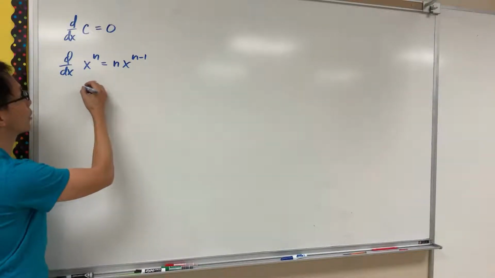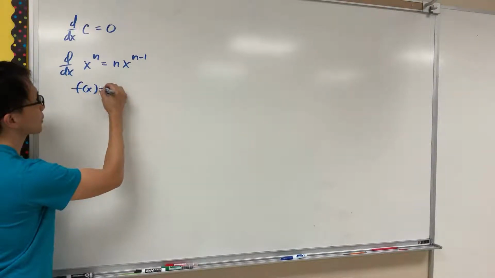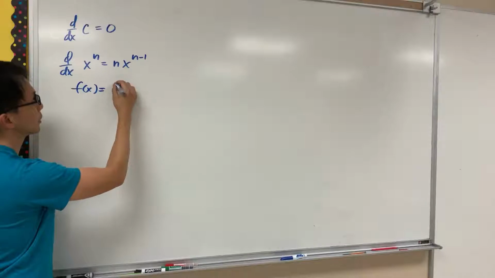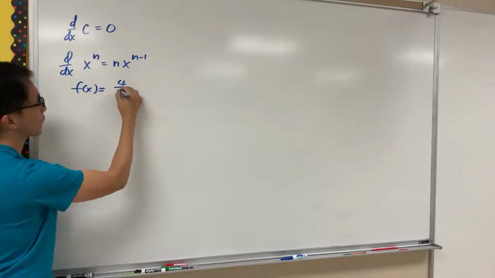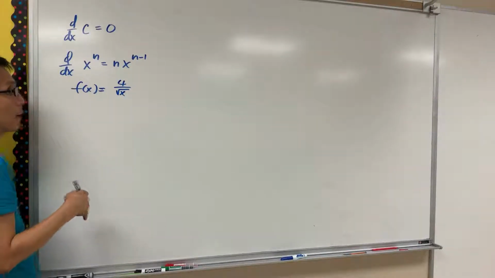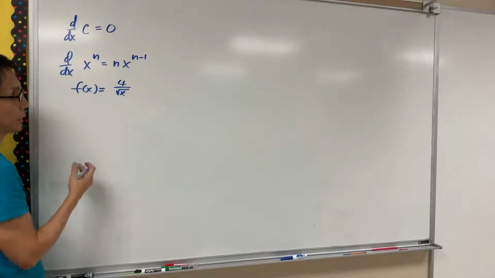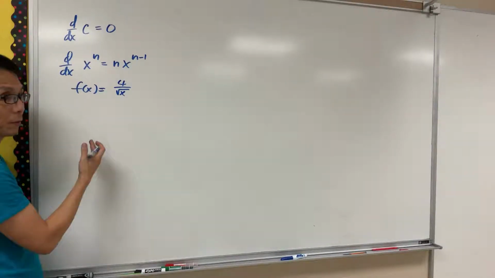Okay, so remember the quiz question. The quiz question says f of x is equal to, I think it's 4 over square root of x. And then we say, hey, let's take a derivative of this. But you say, okay, well, we can use the definition of derivative.